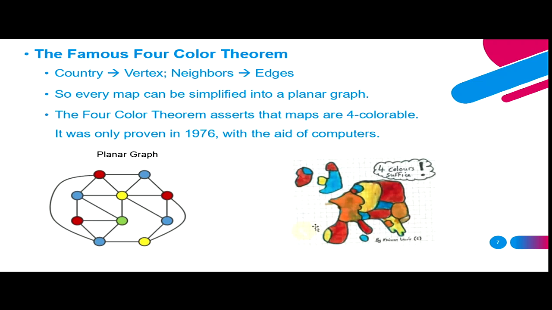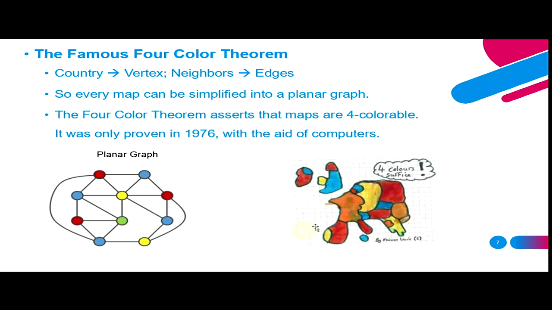And there is the famous four-color theorem. It means that for every map we see, all the countries can be converted into vertices, and their neighbors can be converted into edges. So every map can be simplified into a planar graph. A planar graph is a graph that can be untangled so that no two edges are overlapping.